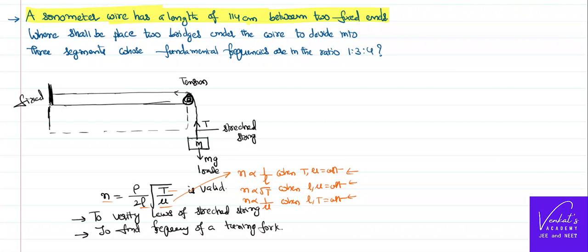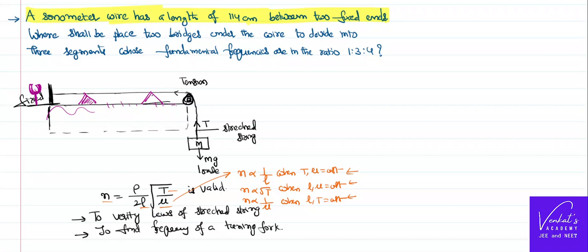But here, what we will do is get a tuning fork, vibrate it and keep it on this wooden board. Then the vibrations will pass from this wooden board to the wire, and the wire also starts vibrating. So here we keep a movable bridge.